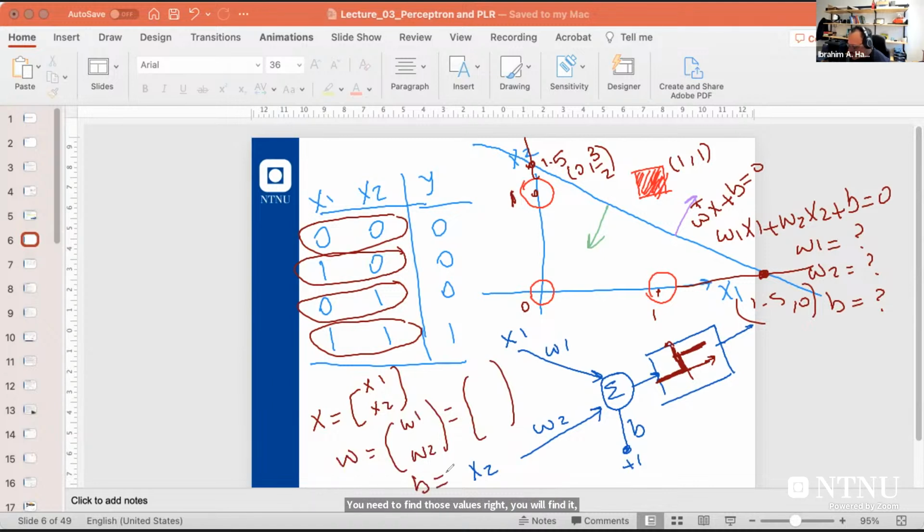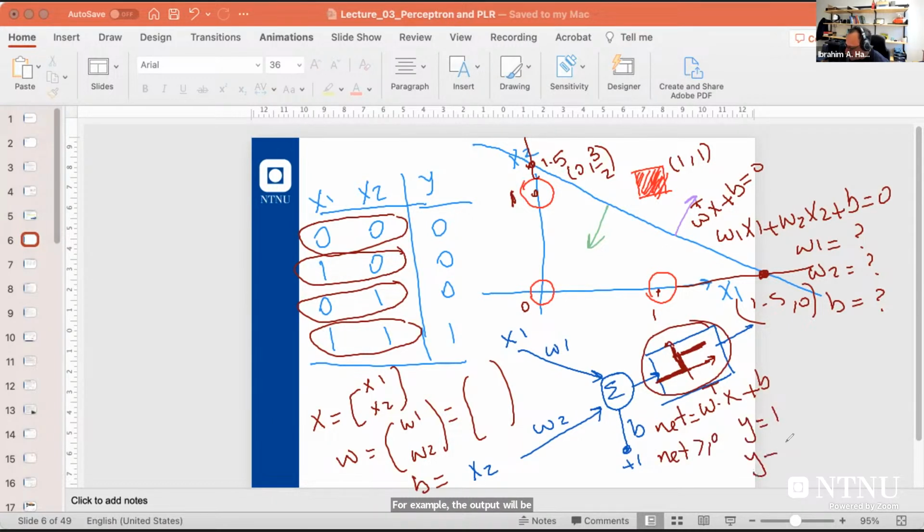And if you want to test your system, you just need to find net equal omega transpose x plus b. And we need to apply this activation function, the step function. This step function is very simple. If net is greater than or equal 0, for example, the output will be 1.